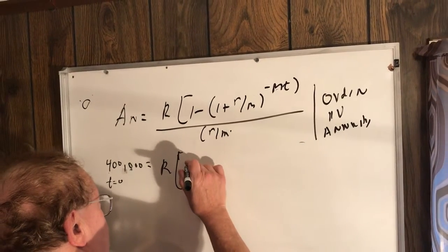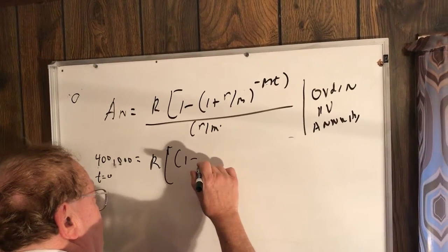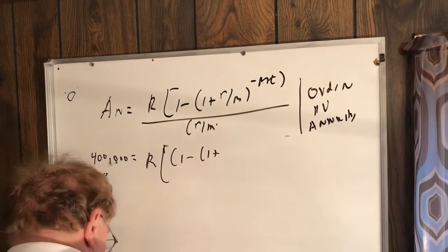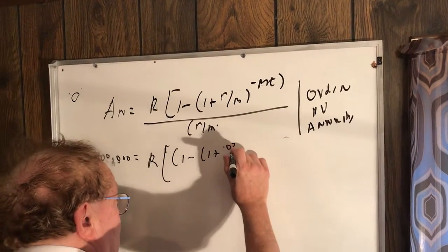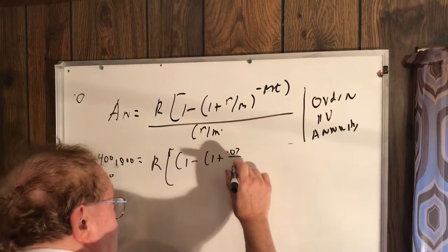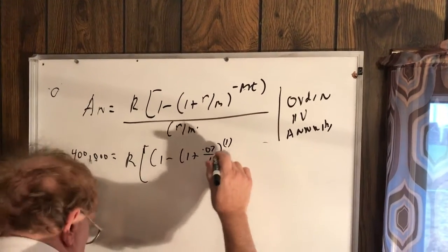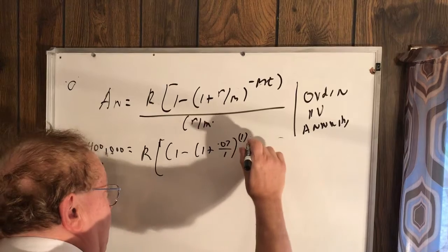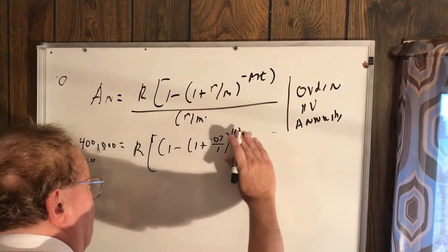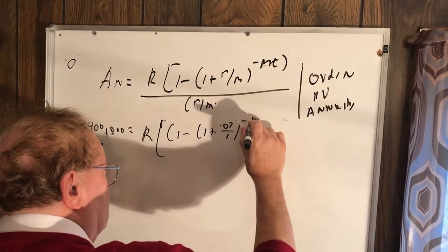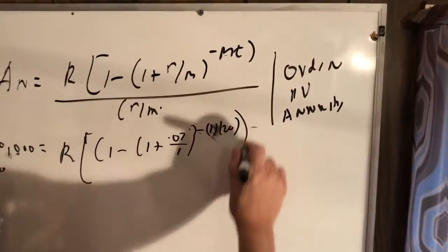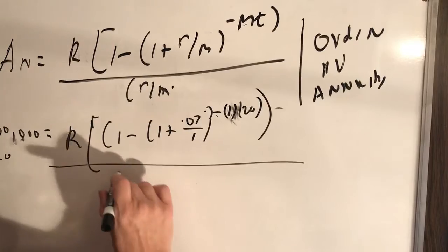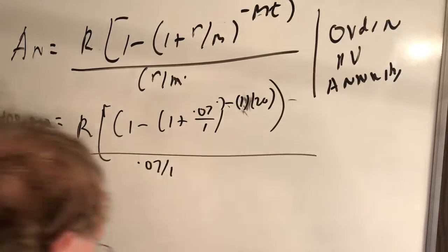I don't know that. 1 minus (1 plus R, which is 0.07, over 1) raised to the minus 1 times T, and T is 20 years. And divided by 0.07 over 1.